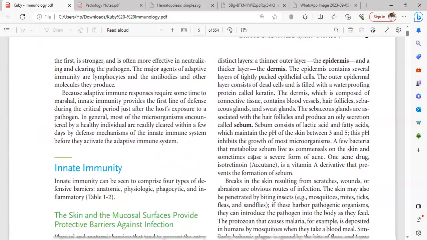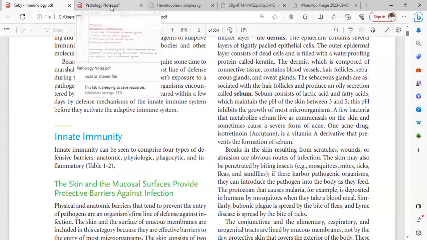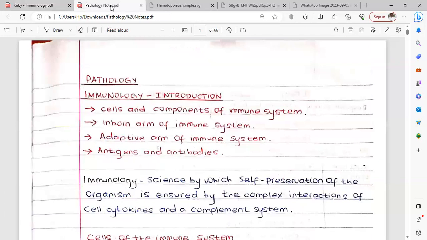I'll also be going to Dr. Gontia's notes because they are quite specific, detailed, and direct to the point.